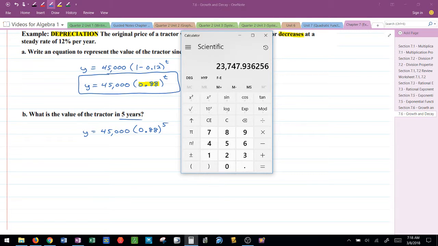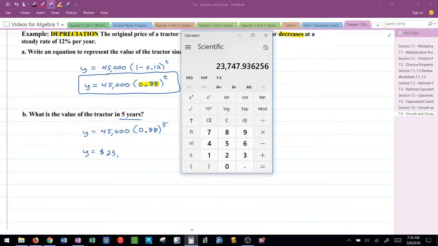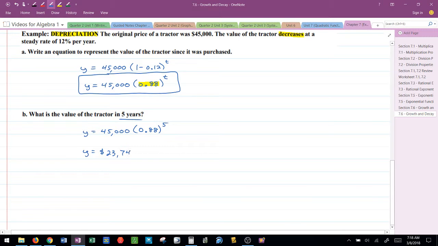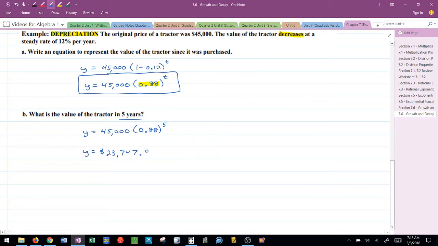And that tells me 23,000, we're dealing with money again, $23,747, and I'm going to round to the nearest cent. So 0.936 tells me 0.94. That 3 became a 4.